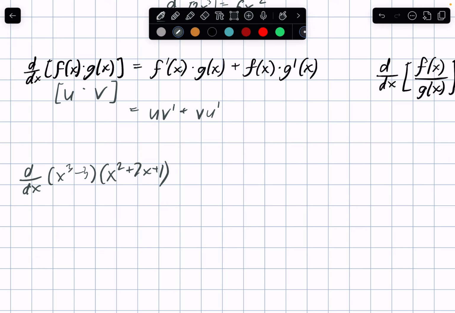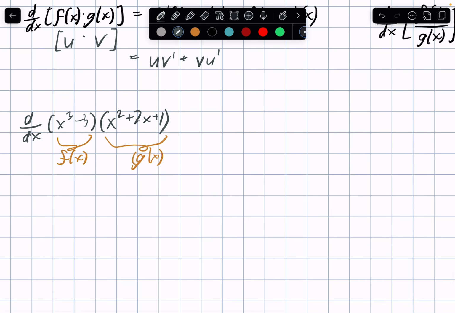Okay, right now I don't really have an example for the product rule. Let's just solve this. Actually, let's try solving this through the product rule. So this is going to be f of x. This is going to be g of x.